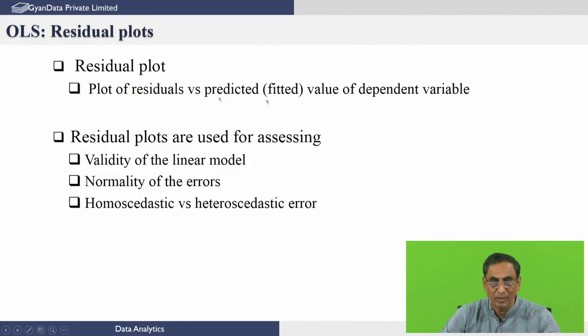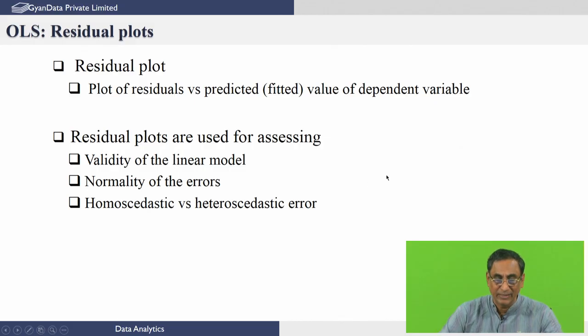So, this is called the residual plot, the residual versus the fitted or predicted value, and this plot is very useful in testing the validity of the linear model, in determining whether the errors are normally distributed, assumptions on errors are okay, and whether the variances of all errors are identical or not, which is called the homoscedastic case, which means the errors in all measured values are identical, or the variance of the error in different measured values are non-identical, which is called the heteroscedastic case or heteroscedastic error.